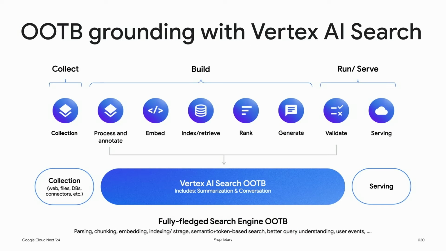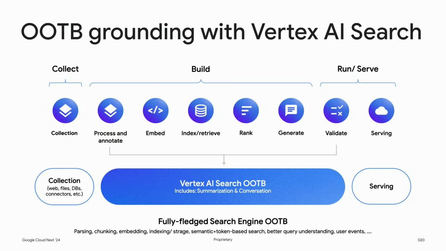The out-of-the-box experience really gives you a big coverage of the whole RAG pipeline. So you collect your data, but then from processing, indexing, ranking, generating, validation, Vertex AI Search out of the box has you covered. And then you can serve it in your application or whatever use case you need.